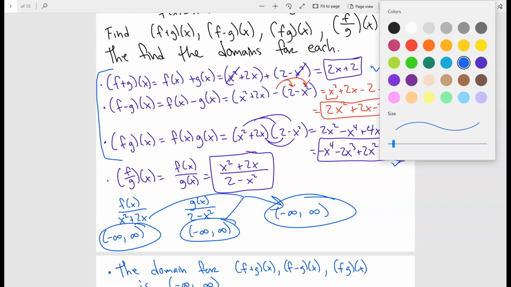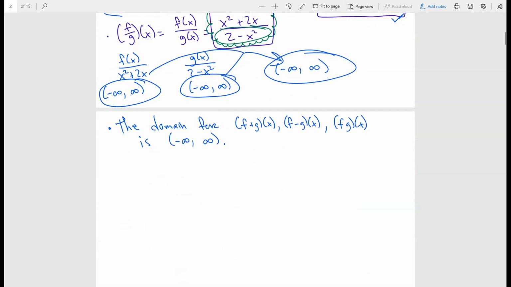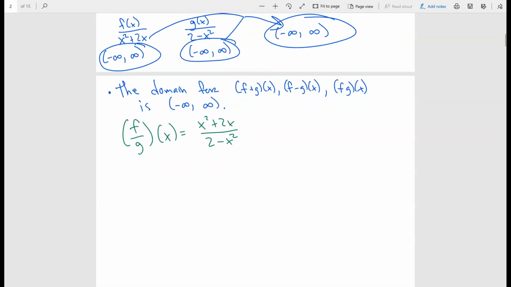The only one that's really odd is this guy, because when you divide things out, you get a denominator. And remember that for denominators, so f over g of x is equal to x squared plus 2x divided by 2 minus x squared. Remember that when we have something like that, we're going to take the denominator and set it equal to 0 and figure out what values it cannot be.